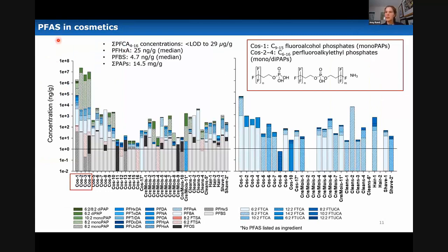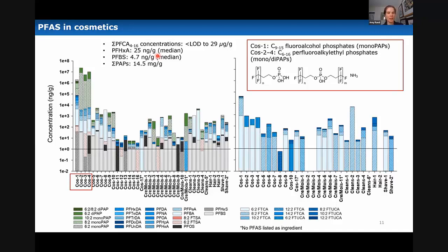Now, looking at the results, we observed PFAS in the 17 cosmetics and 21 personal care products. The PFCA concentrations were much higher than any and all of the PFSAs, with concentrations up to 29 microgram per gram. Dominating the PFCA signature was the C6 PFCA, with 25 nanogram per gram as a median concentration.